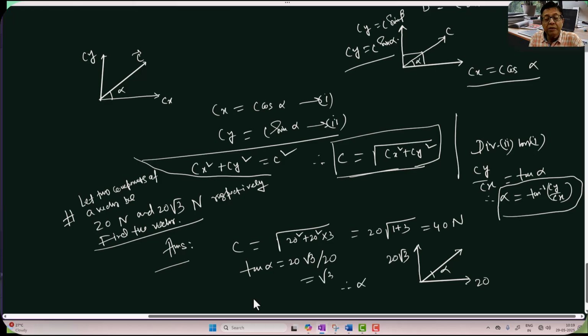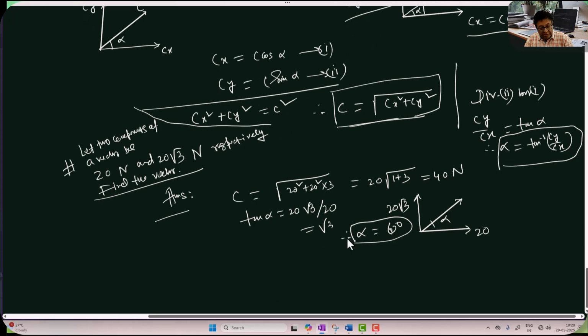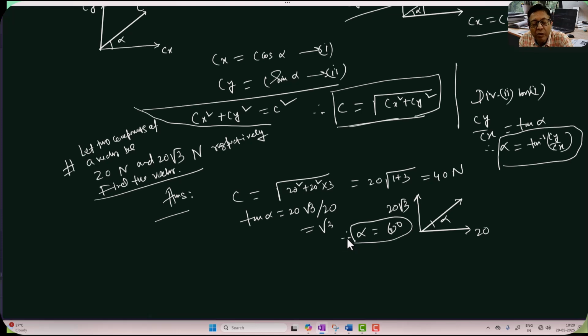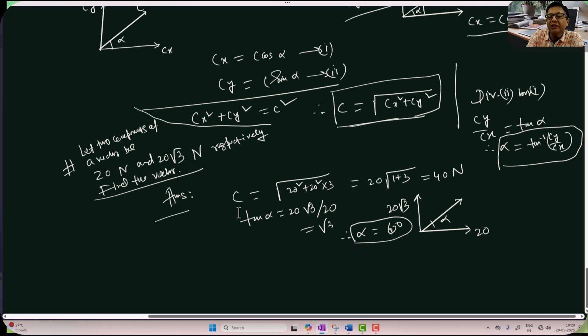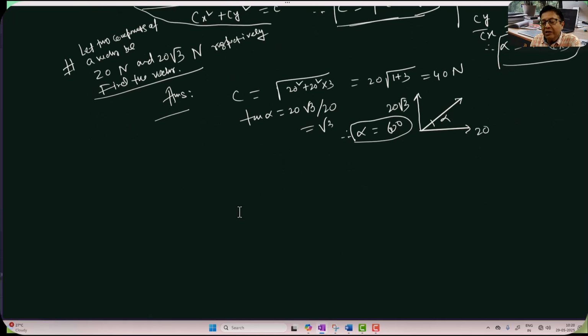Tan alpha is 20 root 3 by 20. So alpha equal to 60 degree. Hope you have understood. Sorry, this way you can find the original vector if two components are given. Okay.